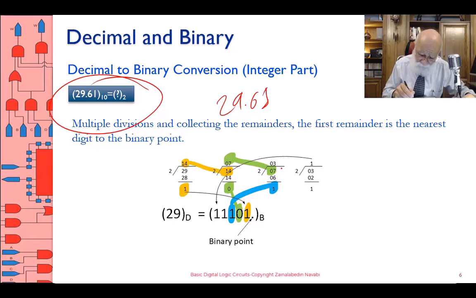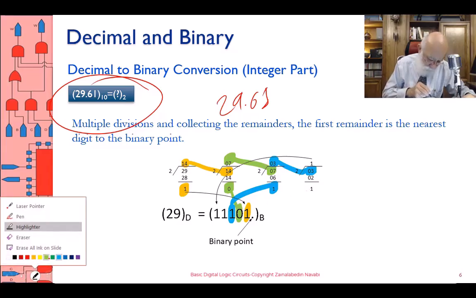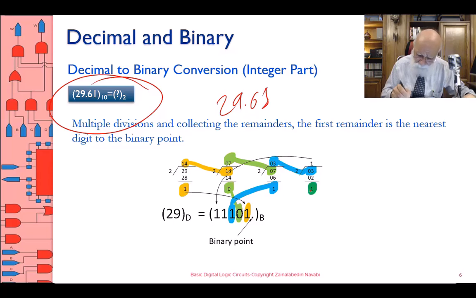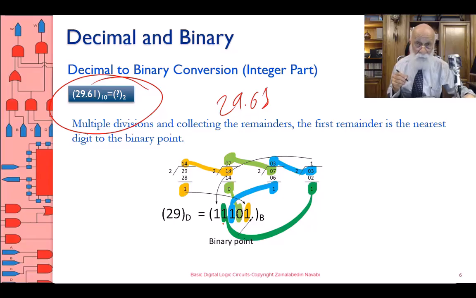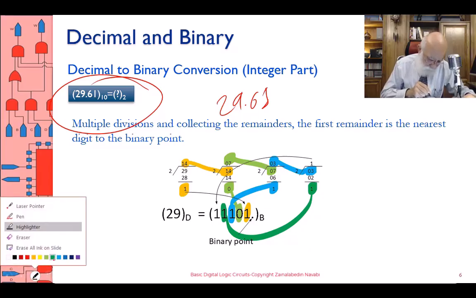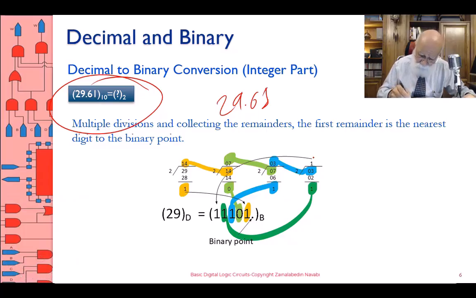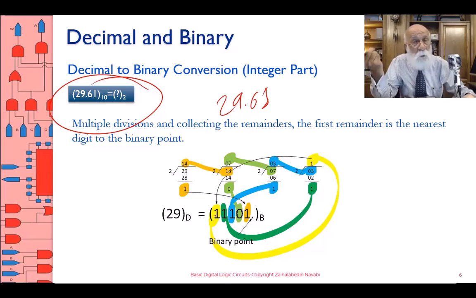Then I take the result 3 divided by 2. The remainder is 1. And the very last result is 1. When you can no longer keep dividing, then the result is this.